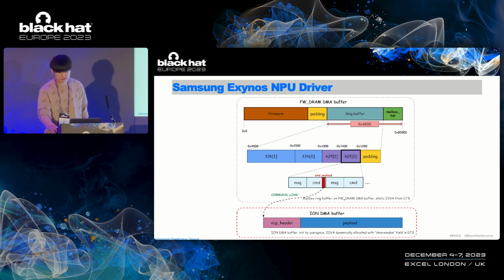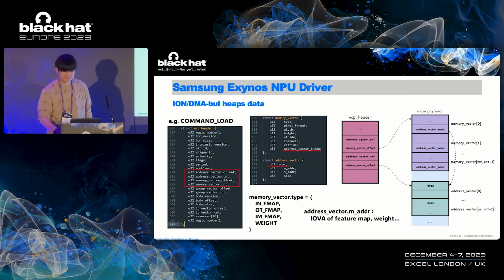When the request is command load, the request payload always begins with a structure called NCP header. The NCP header stores the pointer to the memory vector and address vector array. Memory vector contains some basic attributes of the feature map, such as its type, its width or height.